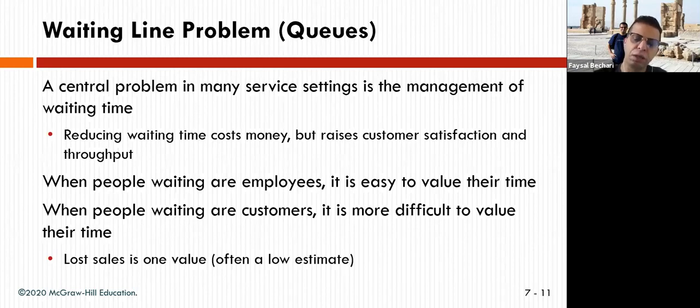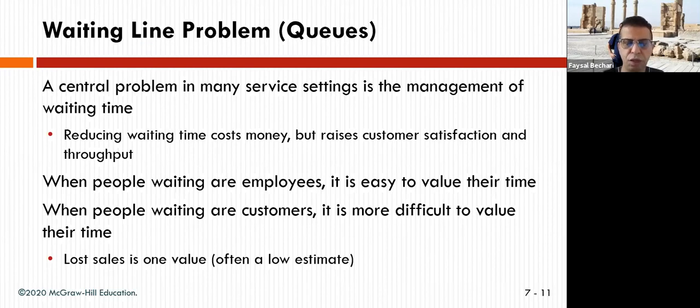We need to minimize the waiting overall and also minimize the number of service providers, because more service providers means more cost. But at the same time, if you're not providing service on time, that will probably make you lose sales. So reducing waiting time costs money, but raises customer satisfaction and then generates more sales. So it is two things that you need to balance.